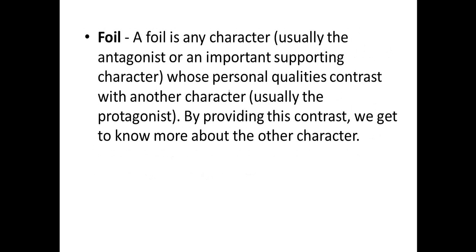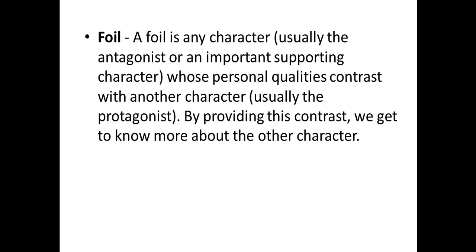A foil. The character can be a foil. He is usually the antagonist or an important supporting character, a character which supports the major one, whose personal qualities contrast with another character. You may have a proud person, and you may have on the opposite a foil character representing totally the opposite characteristic of this character.